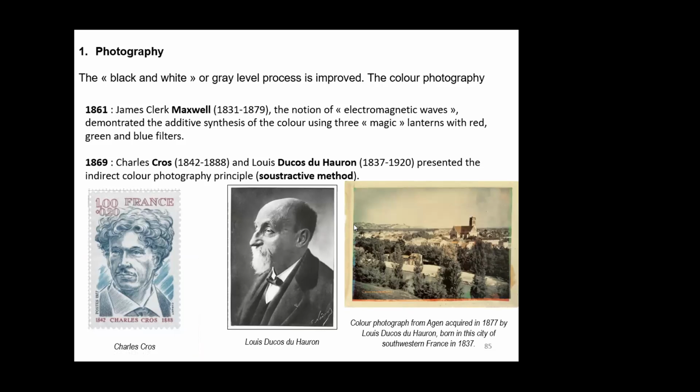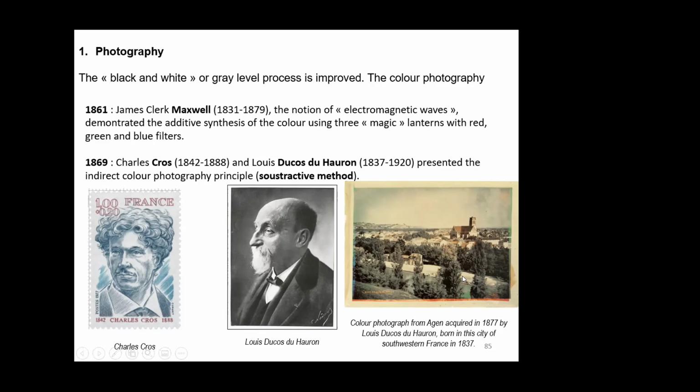Very early, scientists also tried to find improvements of the color process, and two French guys, Charles Cros and Louis Ducos du Hauron, developed a new process, what we now call the subtractive method. This is indirect color photography.